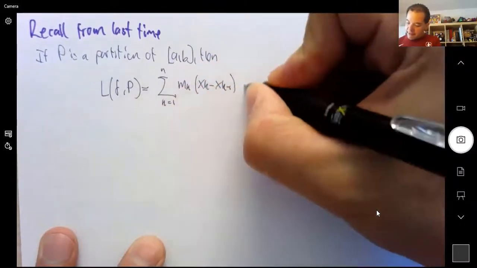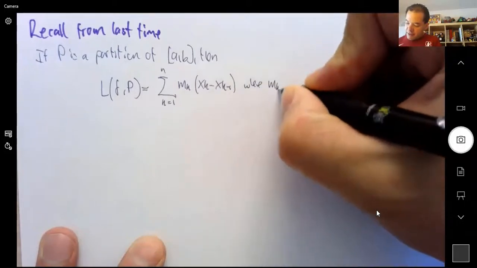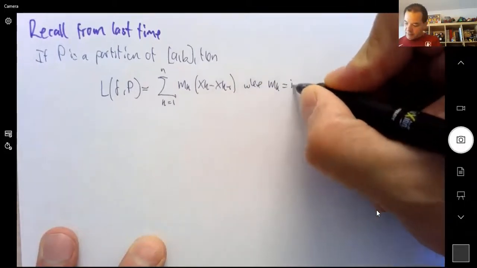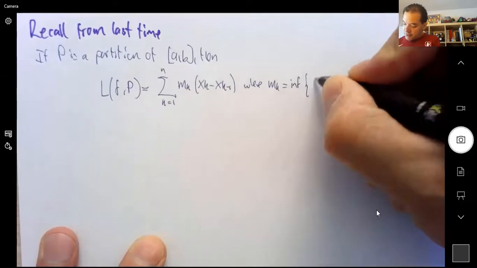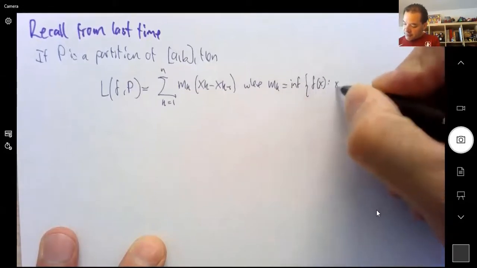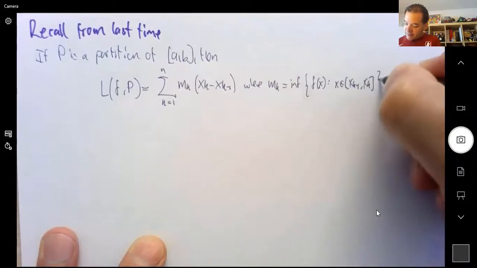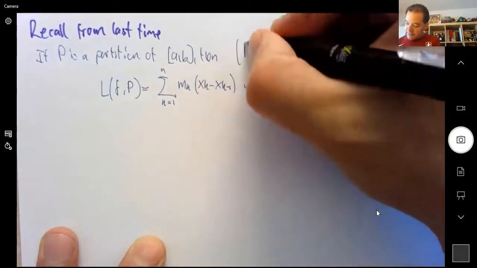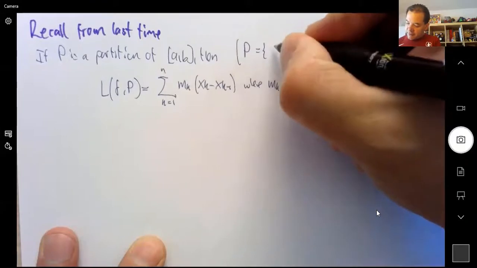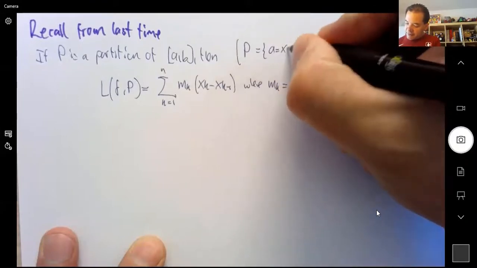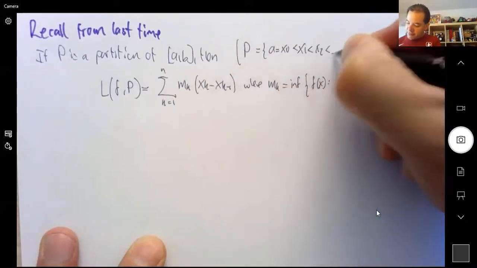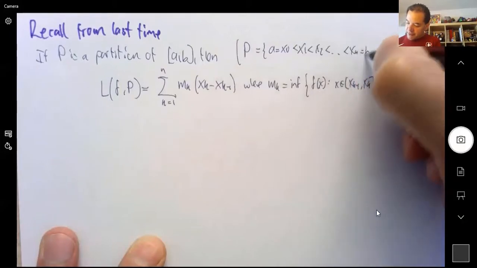Where mk is the infimum of the function f of x over the x's in the interval xk minus 1, xk. And the partition P is a = x0 < x1 < x2 < ... < xn = b.